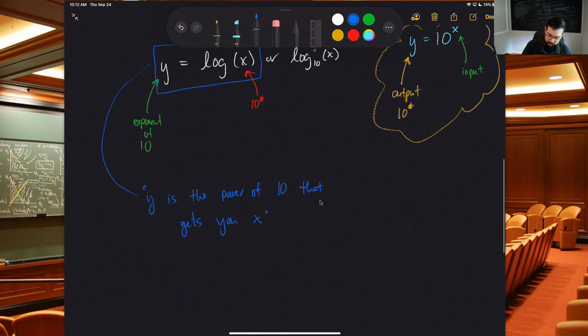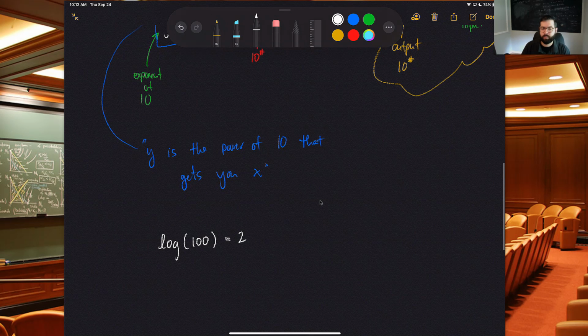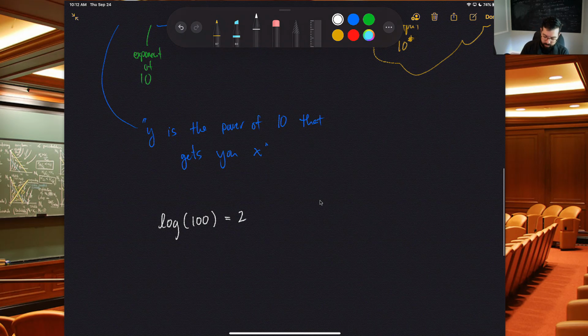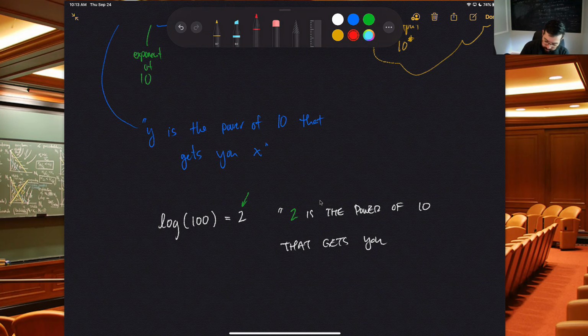Okay, so here's an example of what that means. Log of 100 equals 2. Why is this the case? Because the output here, 2, is the power of 10 that gets you the input here, 100.